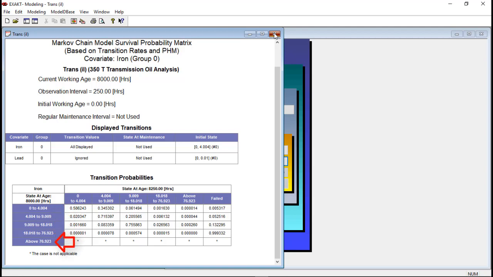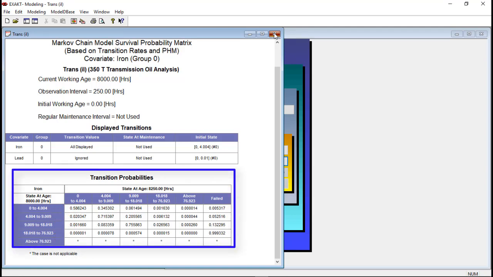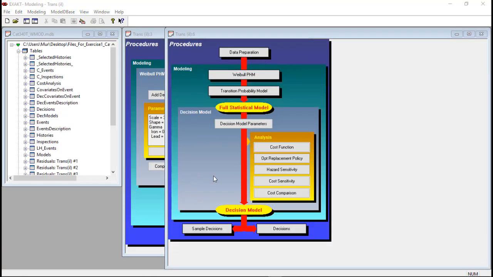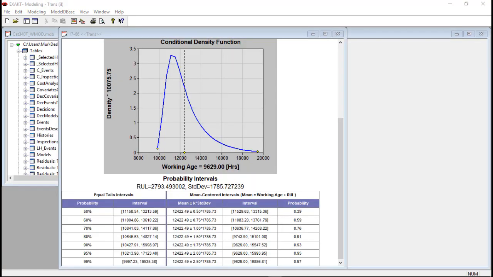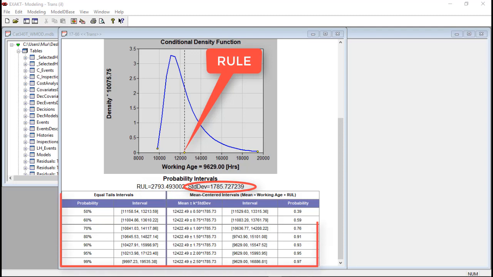This may be observed in a transition probabilities matrix. A conditional probability density graph reveals the object part's remaining useful life, standard deviation, and confidence interval.